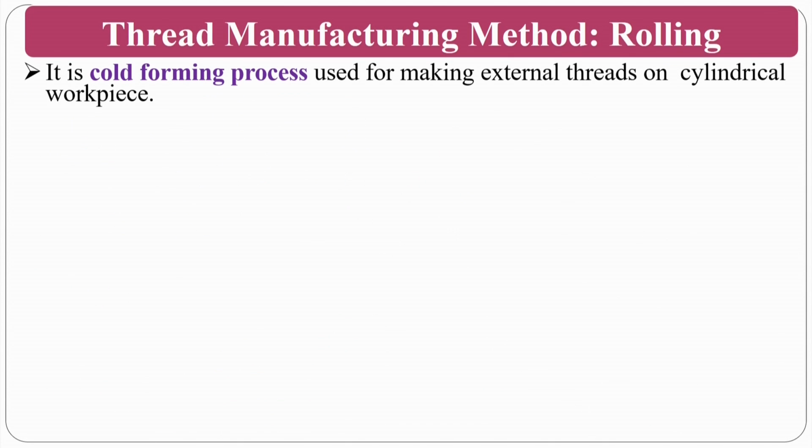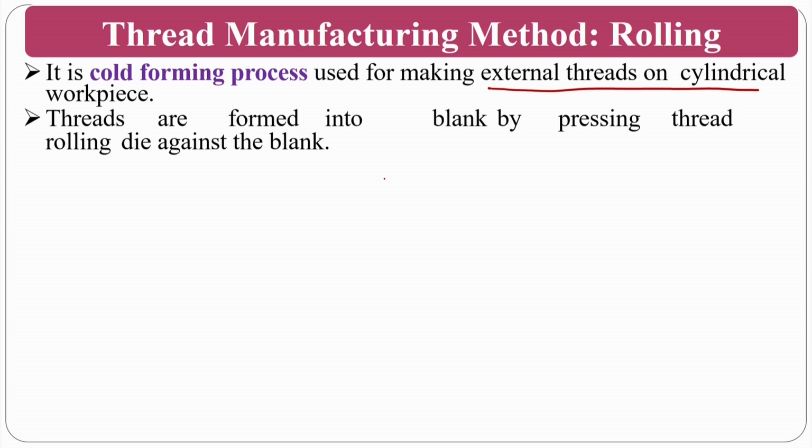Thread rolling is a cold forming process for making external threads on a cylindrical surface, and the threads are formed into the blank by pressing the thread rolling die against the blank. What I am talking about is not milling, it is the thread rolling process.